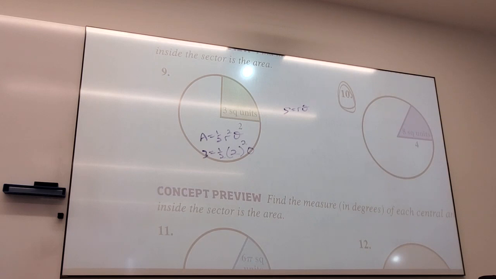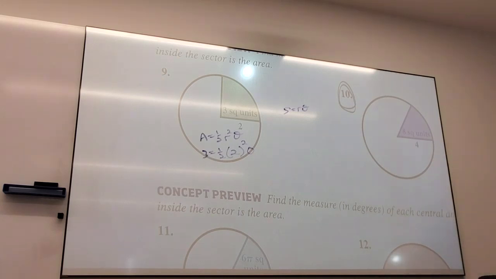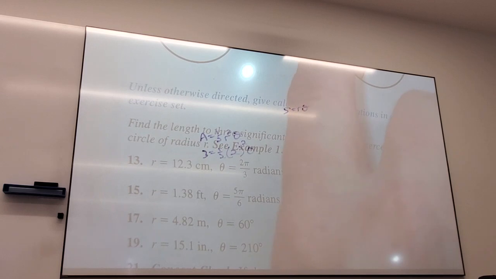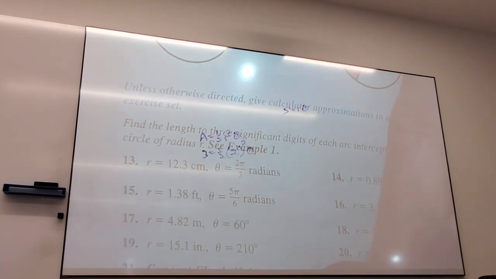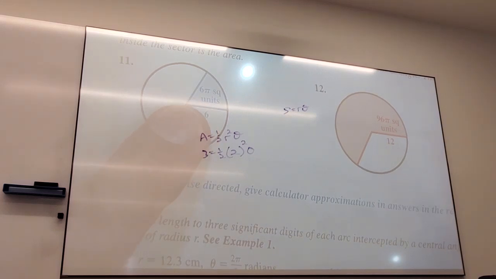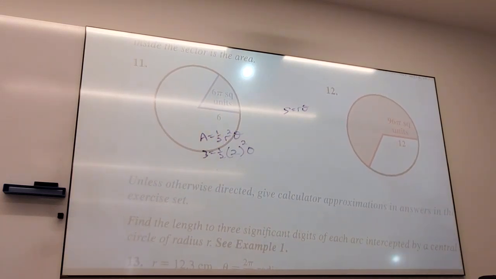No worries. So for problems 9 to 12, we would just use the other formula instead of the arc length one. Number 11, for example, says find the measure in degrees of each central angle, right? So that one I would just find the radians and then convert it to degrees.